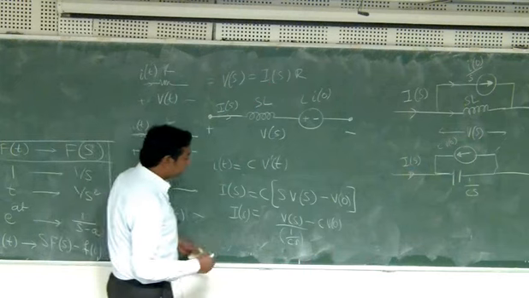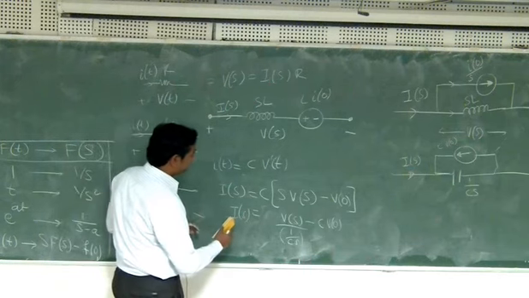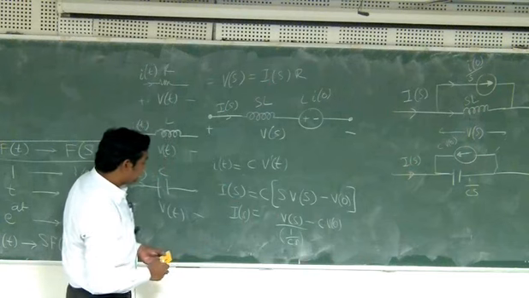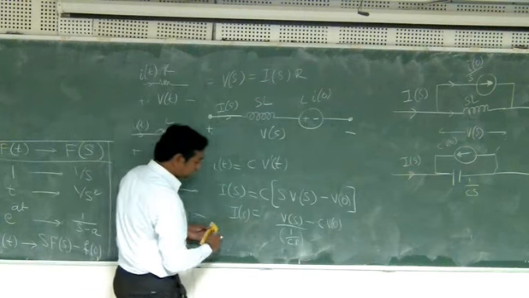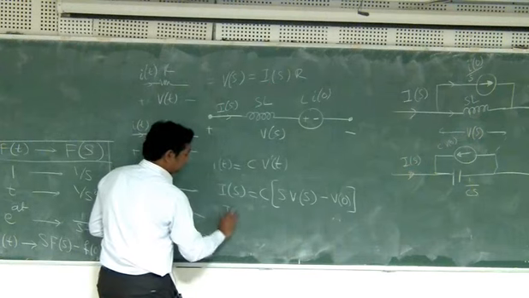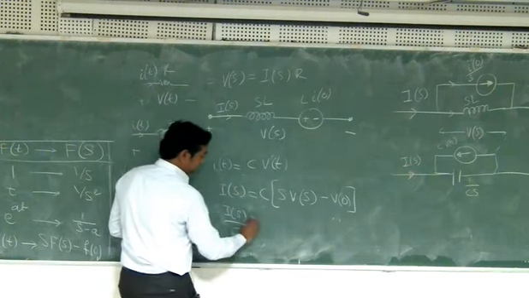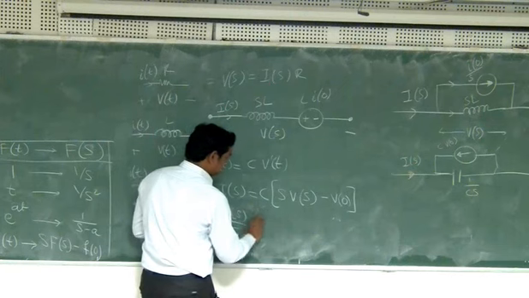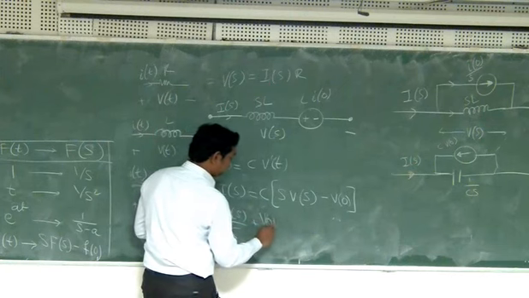And the other way to interpret it is, you can write it in terms of Vs. So C will come here. So Is by C equal to, and then plus V of 0.